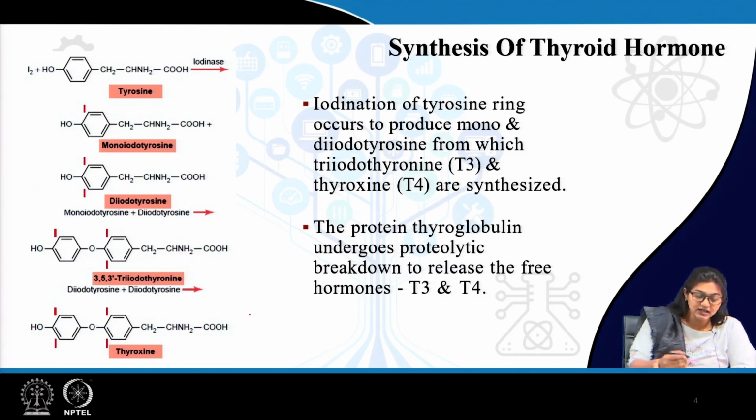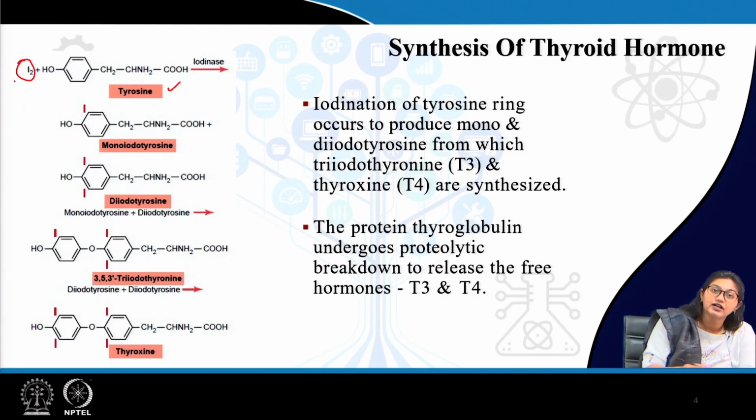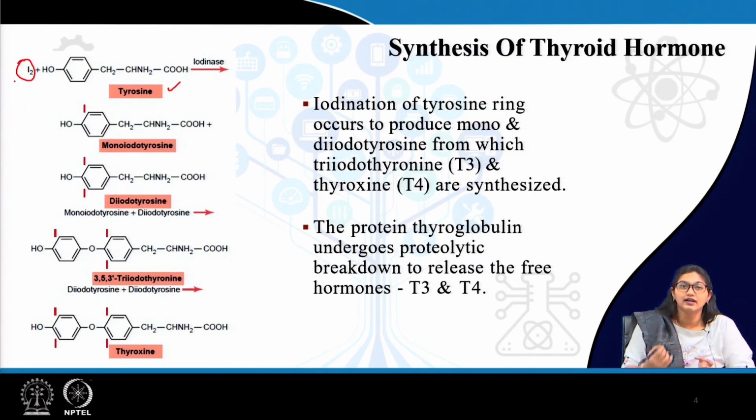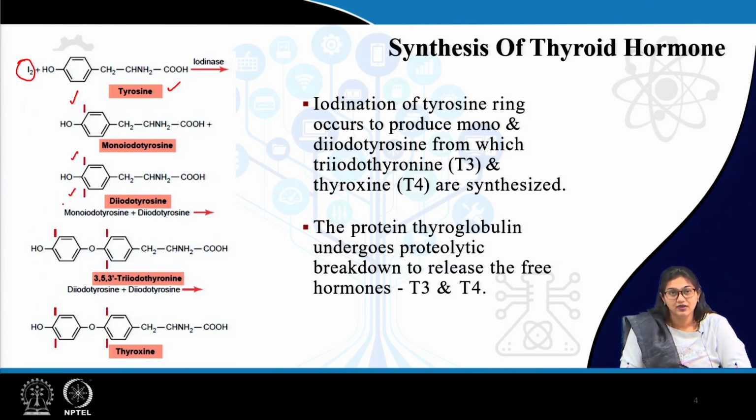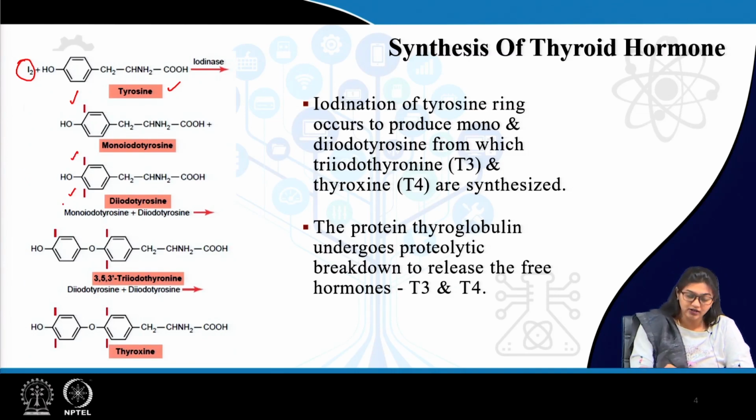So, here you can see this is our tyrosine molecule, and activated iodine is causing iodination. Once, it forms monoiodotyrosine; when iodination occurs twice, it forms diiodotyrosine. So, this is our monoiodotyrosine, this is our diiodotyrosine.